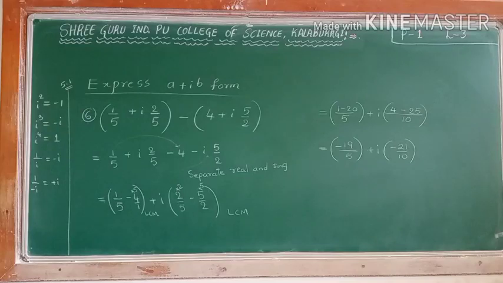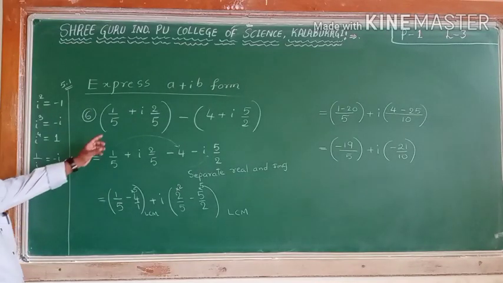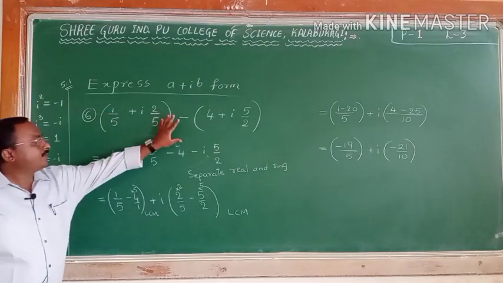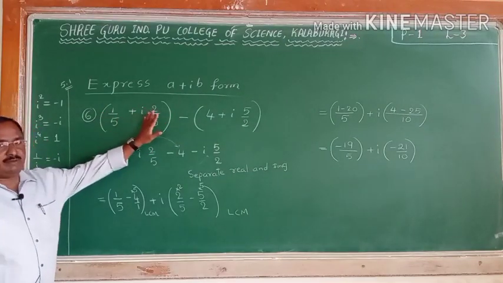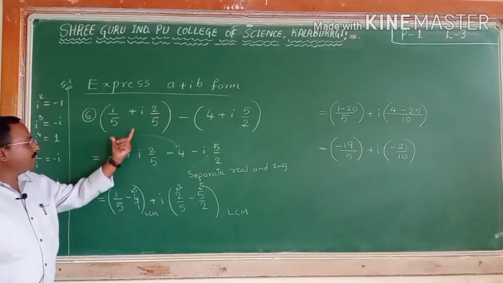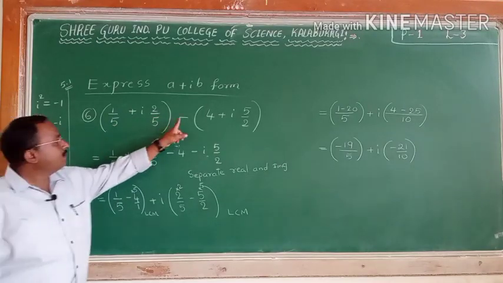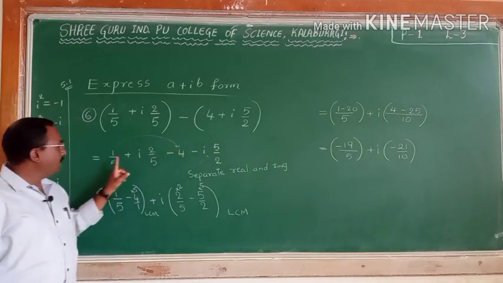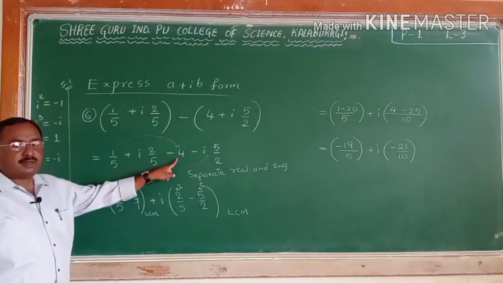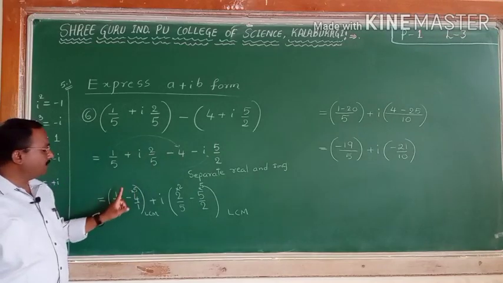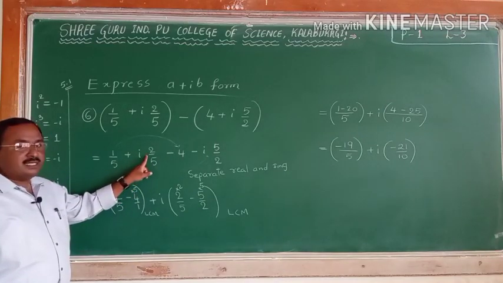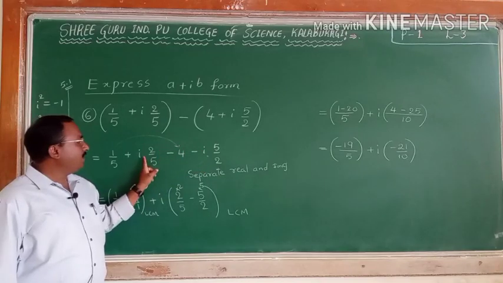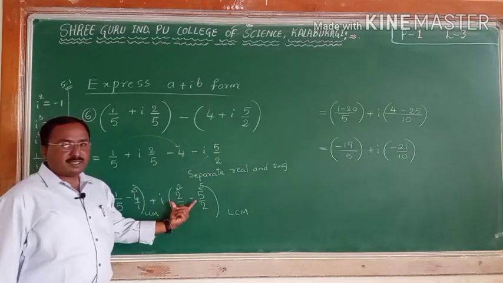Any doubt? This one I will explain once again. This is a question. Express A plus IB form. First as it is, minus apply. Here real part, there is no I, separate real part. Imaginary I is present, these two are imaginary part.